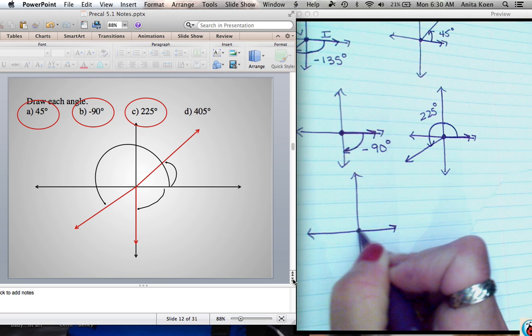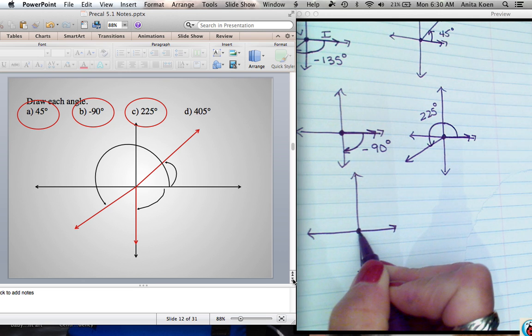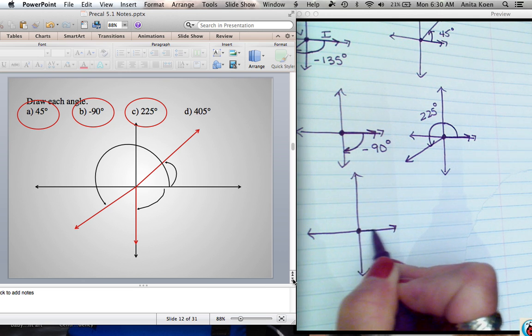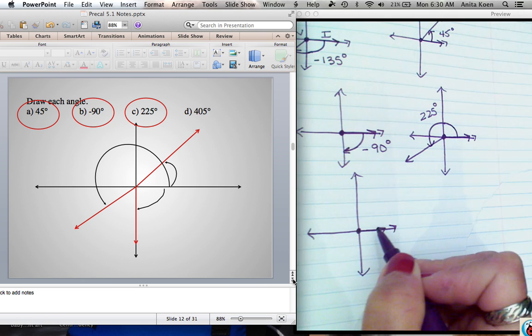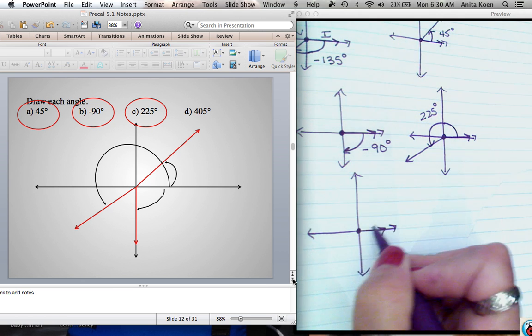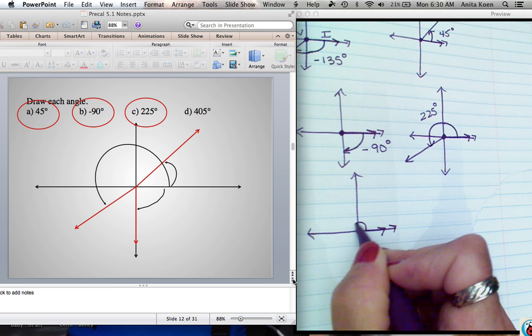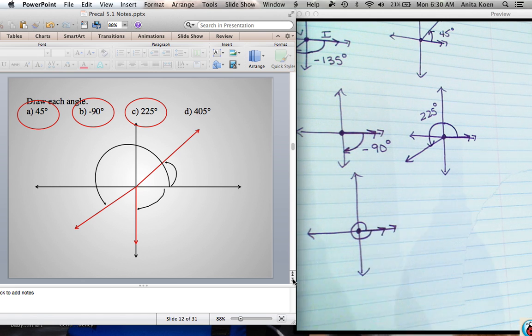Okay, now let's go ahead and draw our 405-degree angle. It's positive, so we are going to go in the counterclockwise direction. So I'm going to start here and I'm going to go around 360 degrees. Now I've got to get to 405.